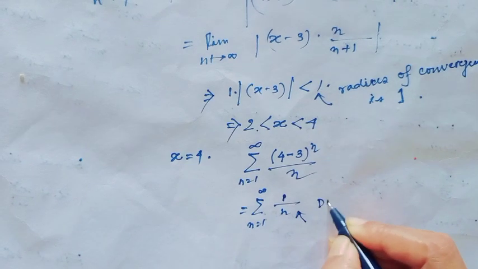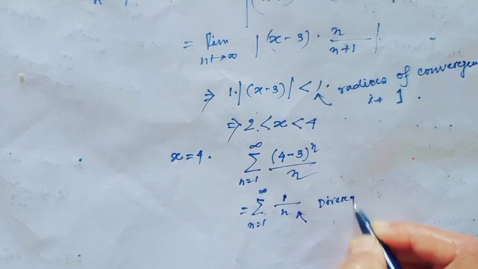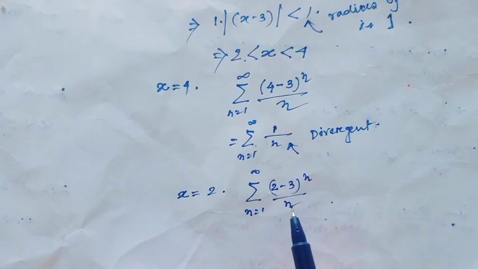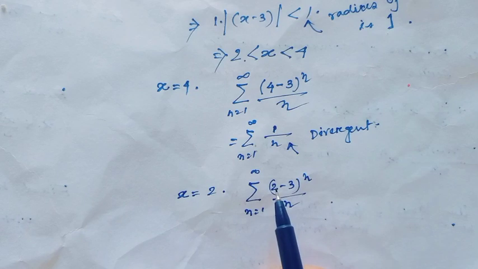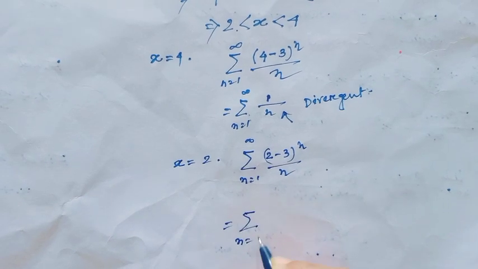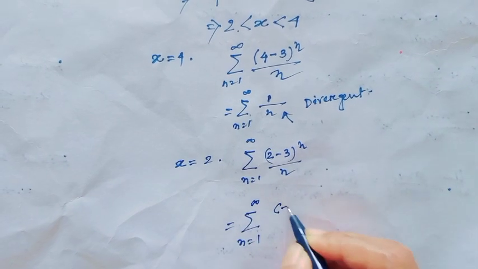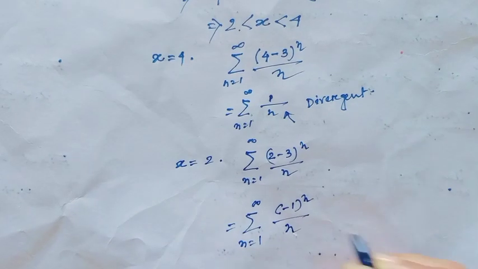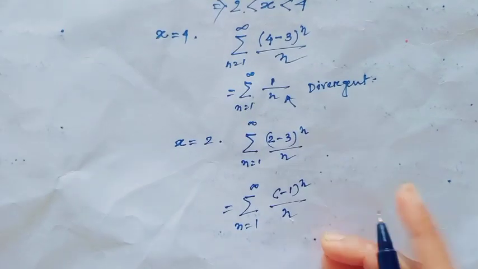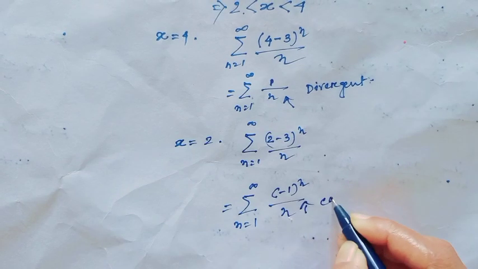So this series is divergent. And when x equals 2, the series of (2 minus 3) to the power n over n is equal to the series of (minus 1) to the power n over n. Obviously this is convergent by the Leibniz test. So this series is convergent.